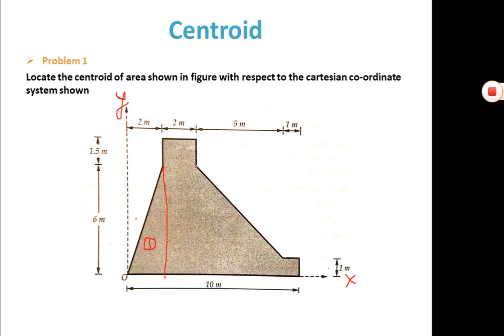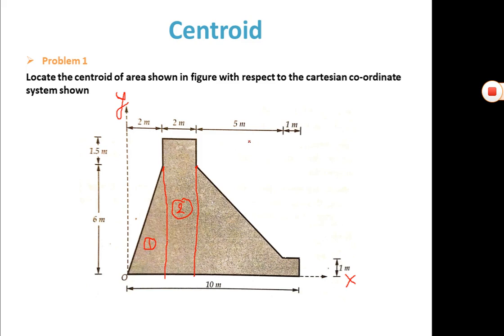So if I extrapolate its edge, I get a rectangle. So I call it geometrical figure 2.